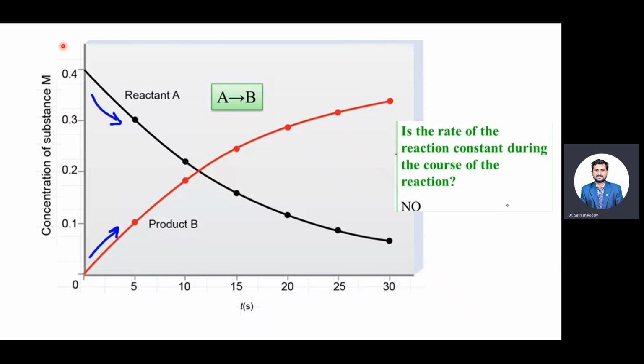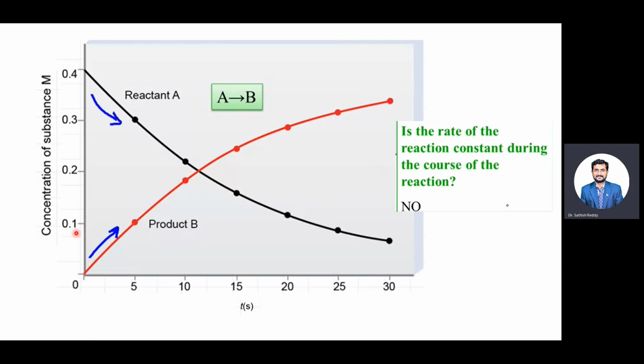You can see in this graph a graphical representation of the rate of reactions. On the y-axis, the concentration of substance in molar concentration. On the x-axis, time in seconds: 5 seconds, 10 seconds, 15 seconds, 20 seconds, 25 seconds, 30 seconds.